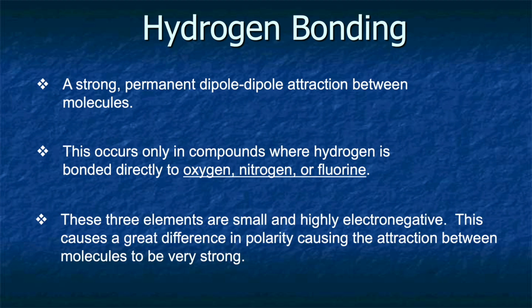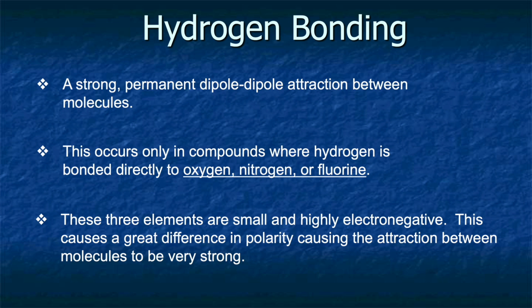And that's because all three of those elements are very small and very electronegative. So this causes a huge difference in polarity, causing the attraction between those molecules to be very, very strong. So when hydrogen is bonded to oxygen, nitrogen, or fluorine, the electronegativity difference is so much bigger that the dipole-dipole attraction is way more than it would be normally.